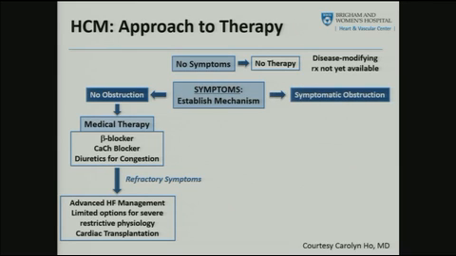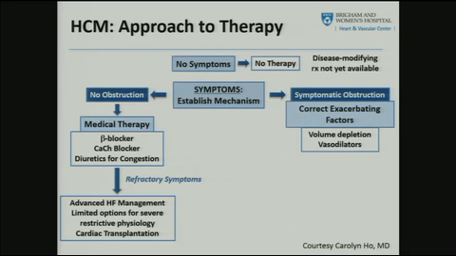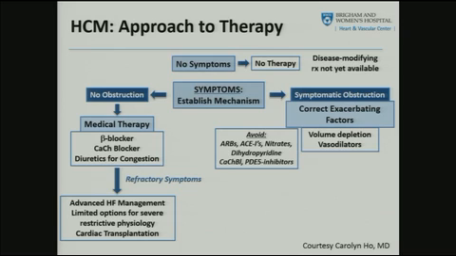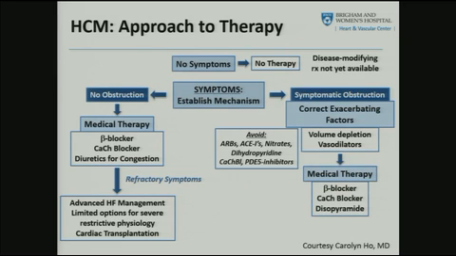If patients have obstruction, there's a more deliberate pathway that's available. In general, we can encourage correction of exacerbating factors like volume depletion, encourage hydration with exercise, eliminate vasodilators, and avoid drugs like ARBs, ACE inhibitors, nitrates, dihydropyridine calcium channel blockers like amlodipine in the example I gave you, or phosphodiesterase 5 inhibitors like sildenafil.